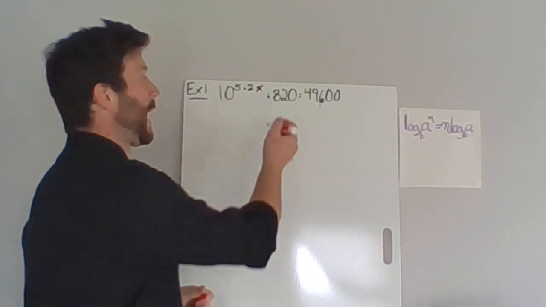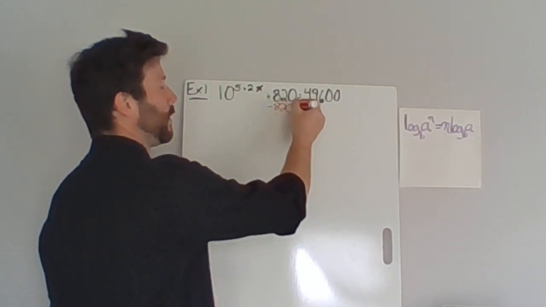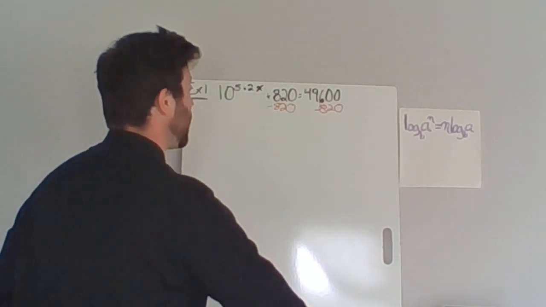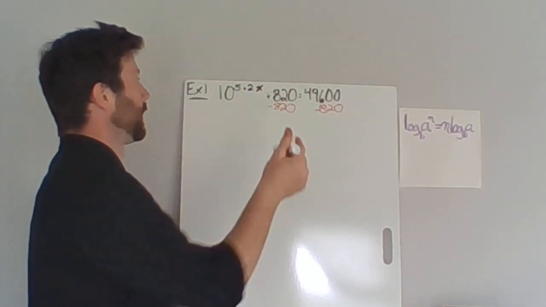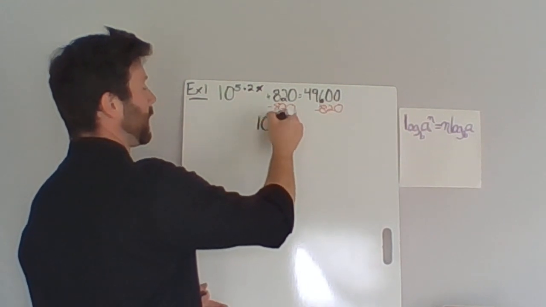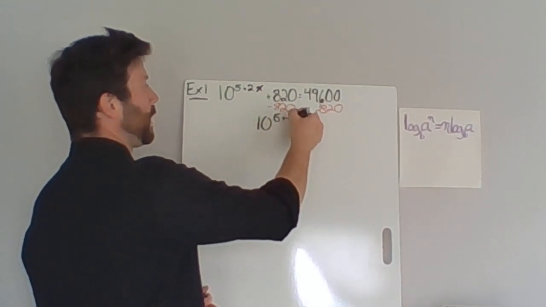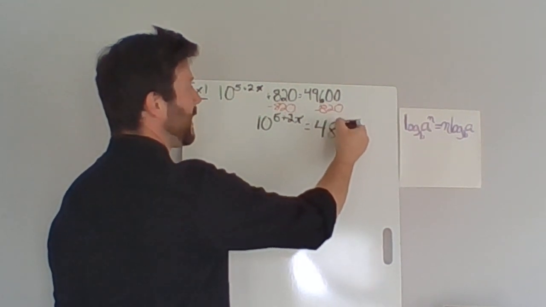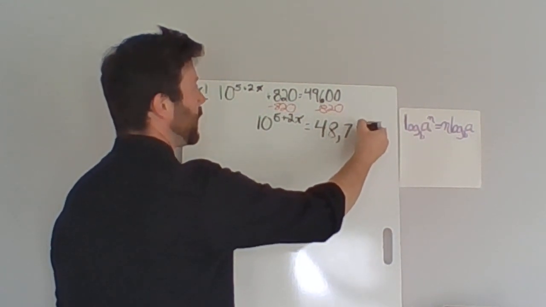So I'm going to subtract 820 from both sides, and that's going to give me 10 to the power of 5 plus 2x equals 48,780.